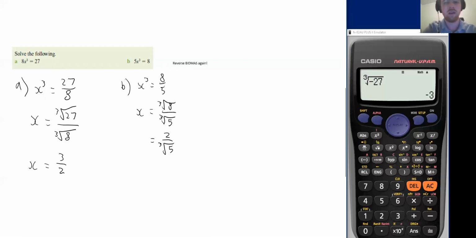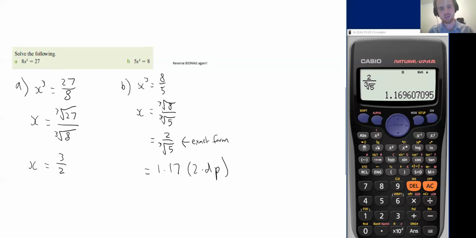So again, we call this exact form. And then if we were to round it off, let's put that in our calculator. 2 over the cube root of 5 gives us 1.17, and let's just round it to 2 decimal places.